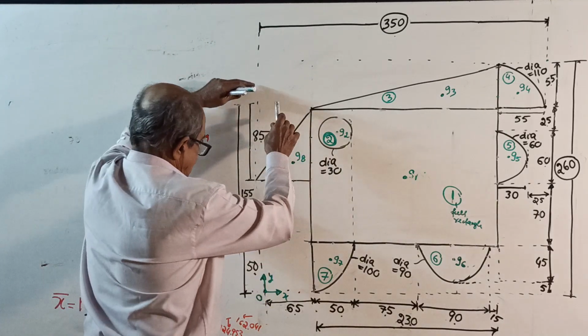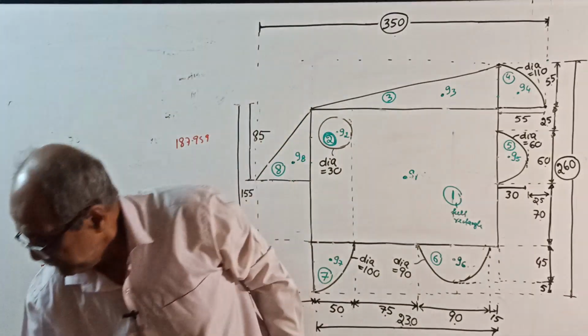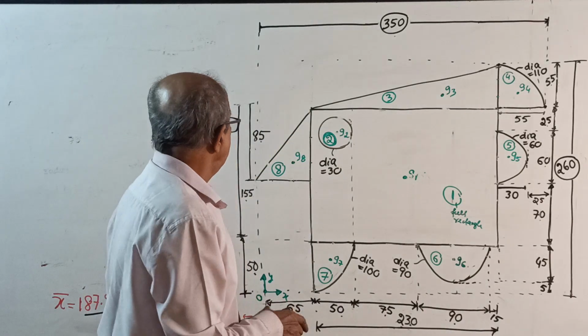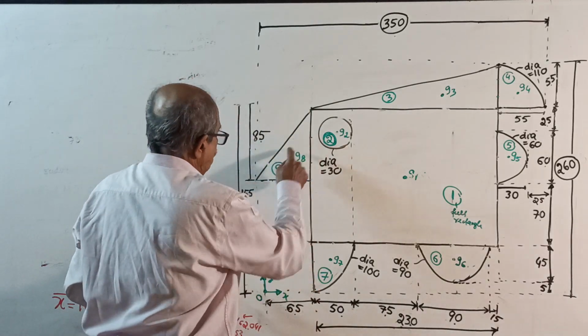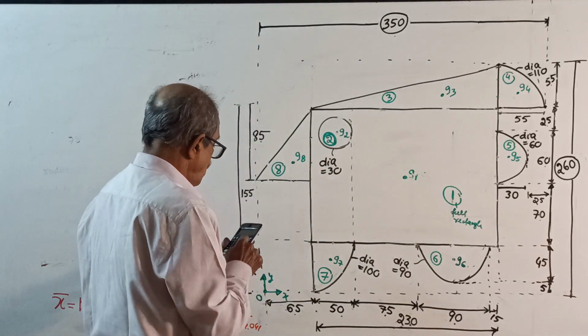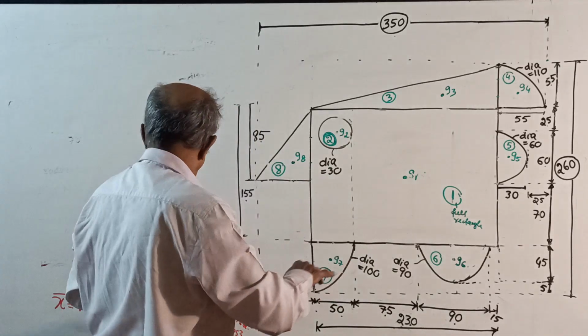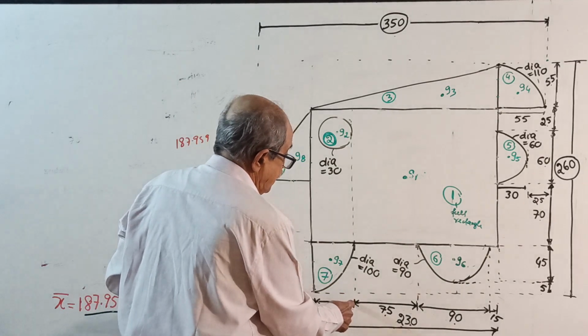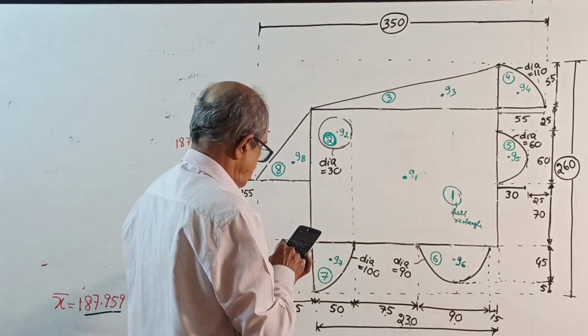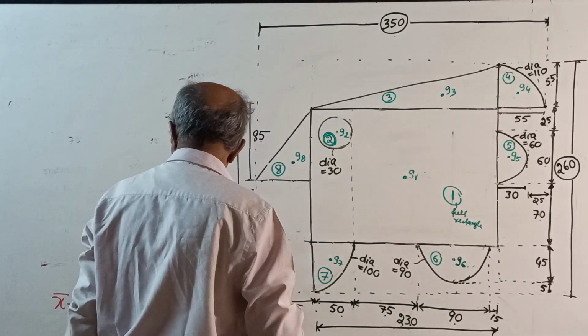Then 65 furthermore, which is also important. Then 65 plus 50 is 115. Furthermore, 115 plus 75 is 190.